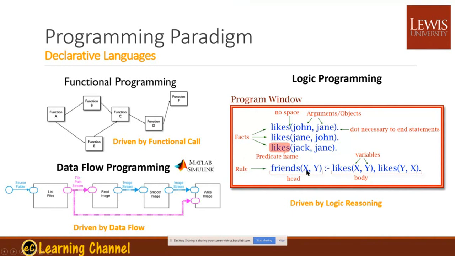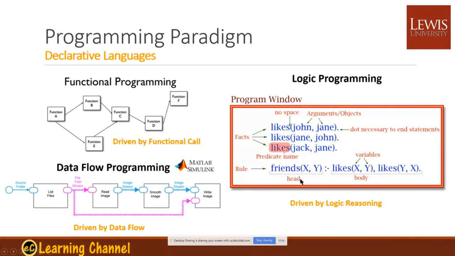The left-hand side is a non-terminal term. The right-hand side can be a non-terminal term or a terminal term. So X and Y are friends is defined as X likes Y and Y likes X. This is a rule or reduction rule.